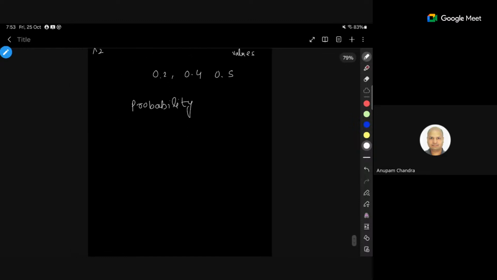Previously we had the step function, and we transitioned from that to the sigmoid. Previously it was just the summation, w transpose x greater than something. But here we'll have sigma of this.